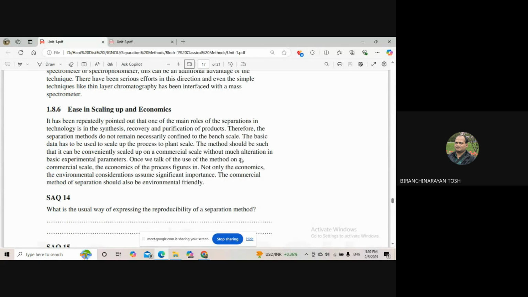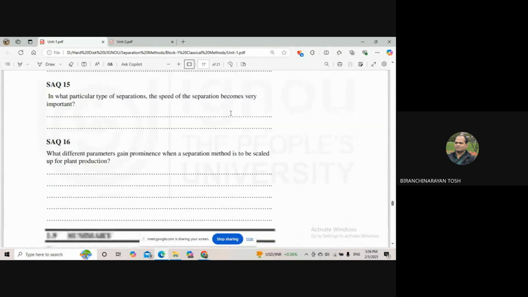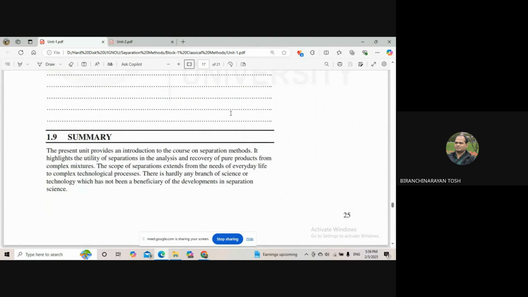So in a nutshell, what we have discussed in this unit provides an introduction to the course on separation methods. It highlights the utility of separations in the analysis and recovery of pure products from complex mixtures. The scope of separation extends from the needs of everyday life to complex technological processes.